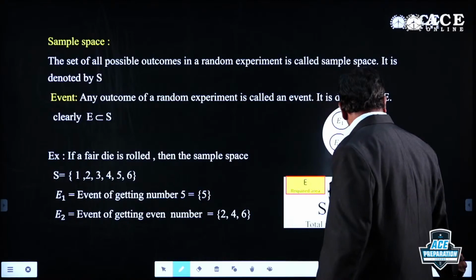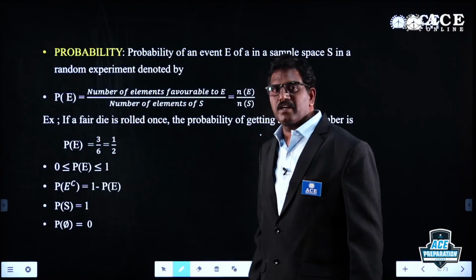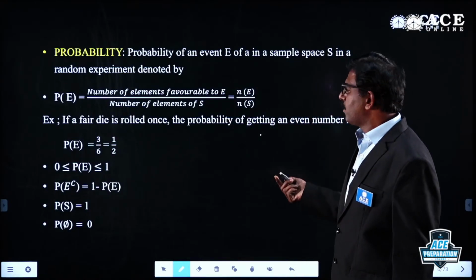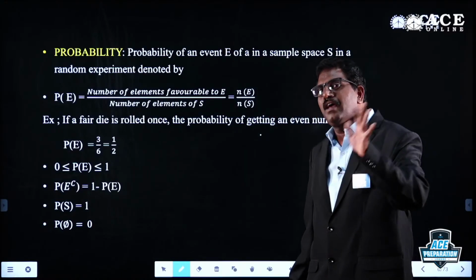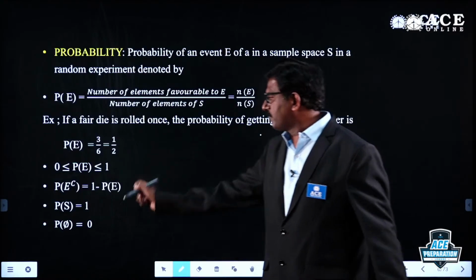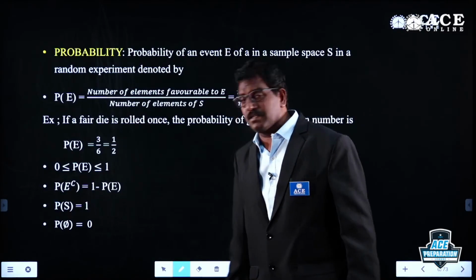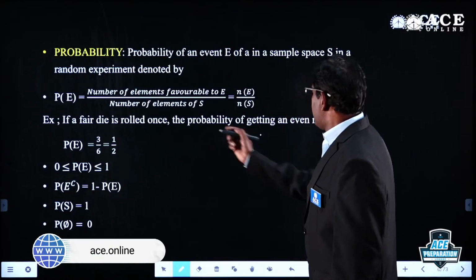The denominator is all possible outcomes, and the numerator is the number of favorable cases. Here there are 3 favorable cases, so 3 by 6, which is 1 by 2. The numerator is always a part of the denominator. Keep that information in mind. Now some observations on probability, some axioms of probability.